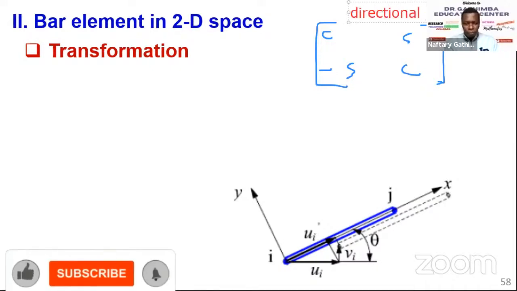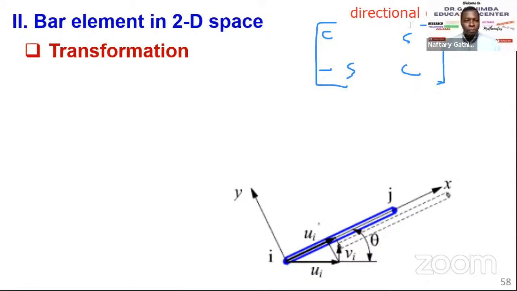Directional cosines. Sometimes they are written in short form, abbreviated as L for cos and M for sine in some books. I also like to write C instead of cos, and S instead of sine.